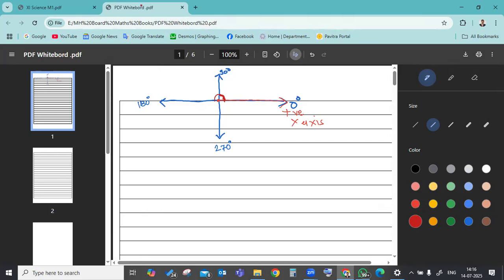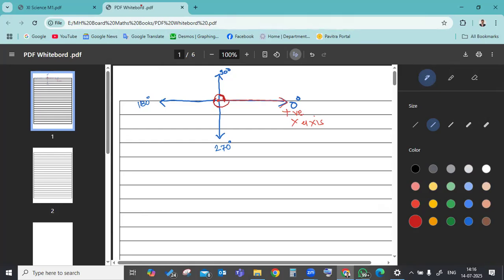Now again, if you rotate the terminal arm in this way to acquire the position of the negative y-axis, and then again rotate by 90 degree to acquire the position of the positive x-axis, it completes one rotation.